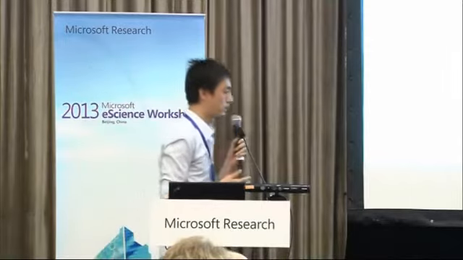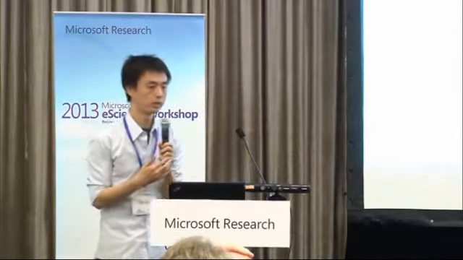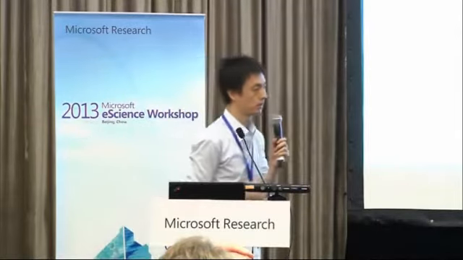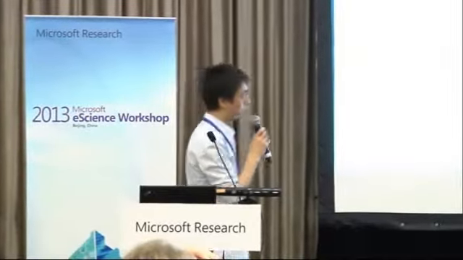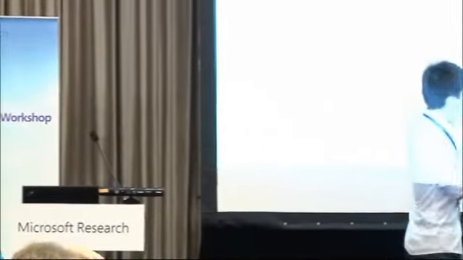Now let's talk about several advanced topics which we may use in our application. The first one is how to synchronize among different streams. We have color stream, depth stream, and skeleton stream. Sometimes our application may need to use multiple streams at the same time. So our Kinect for Windows SDK provides an event named All Frame Ready.